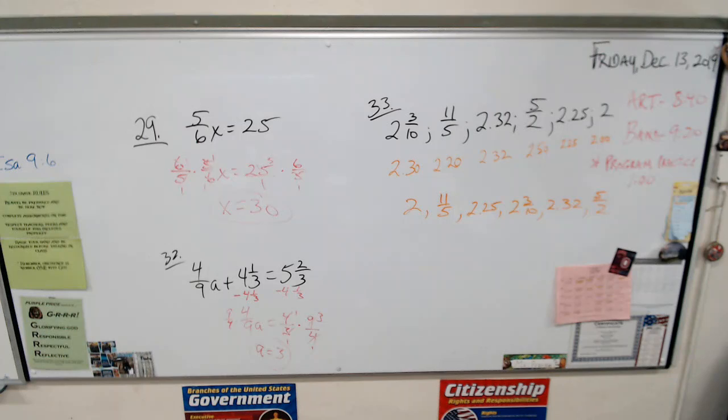So 3/8. The only other thing I have to figure out, David, is what would 5/12 be? Did you do 5 divided by 12? You should get 0.41.